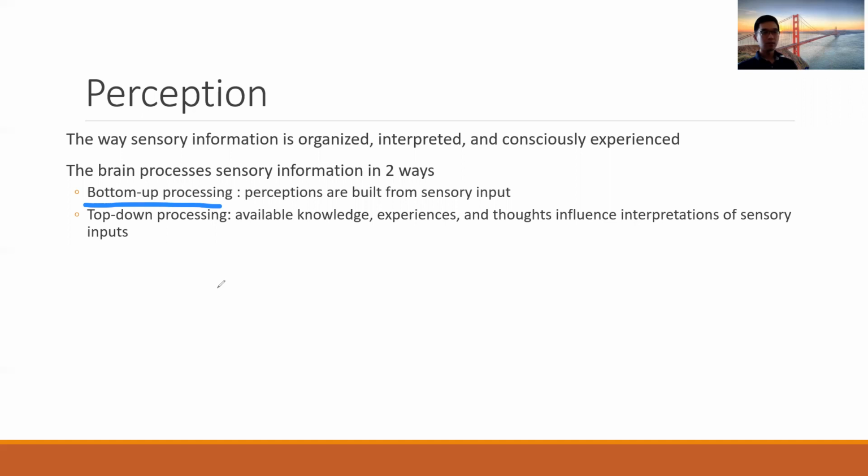So not only do we get the information and build up to a whole picture, but we also use the available knowledge, memory, thoughts, and experiences to give an explanation of what we actually see or get. So that's called top-down processing.